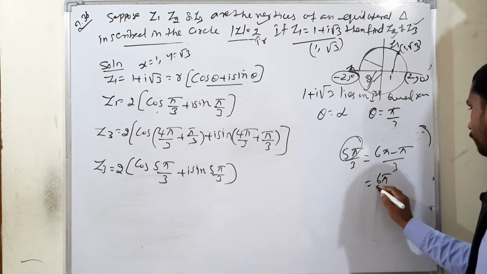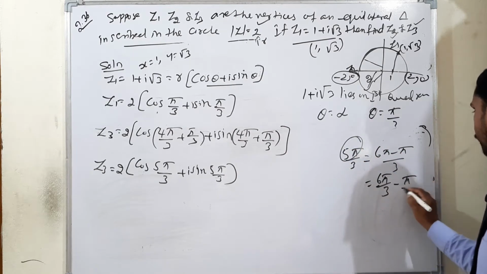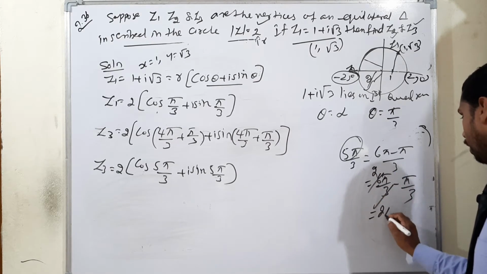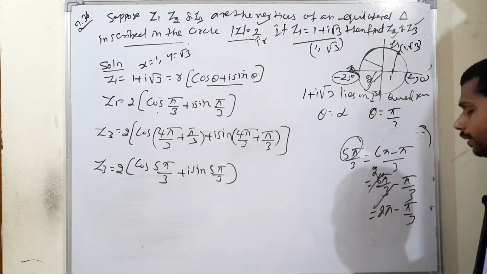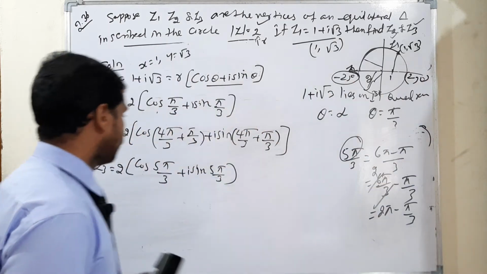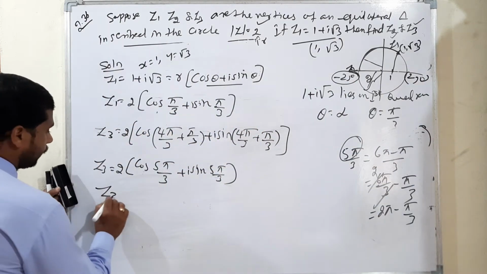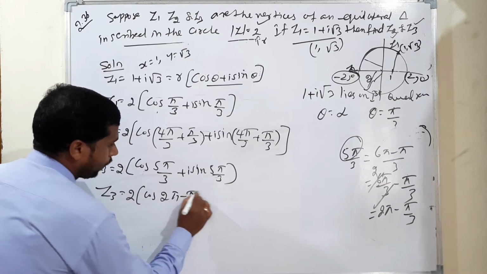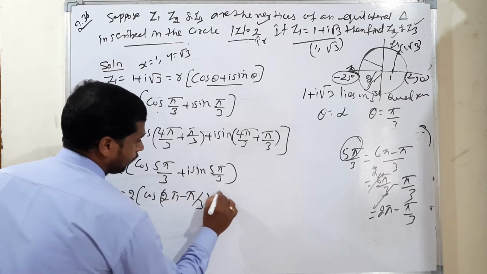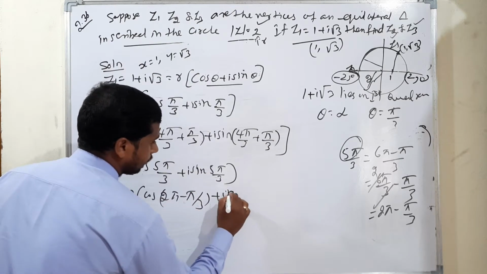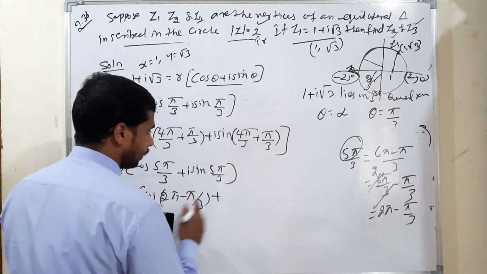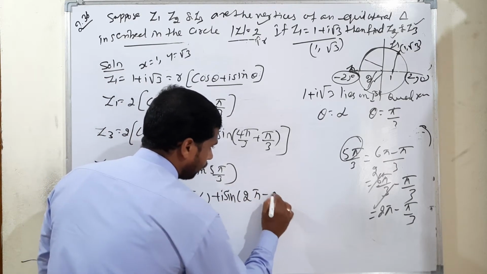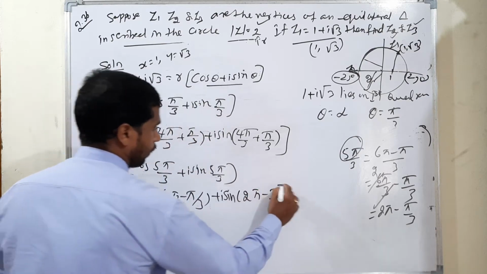Therefore if you separate, 6 pi by 3 minus pi by 3. 6 and 3 cancel, means 2 times. So 2 pi minus pi by 3, isn't it? Therefore Z3 is equal to 2 into cos of 2 pi minus pi by 3 plus i sin of 2 pi minus pi by 3.